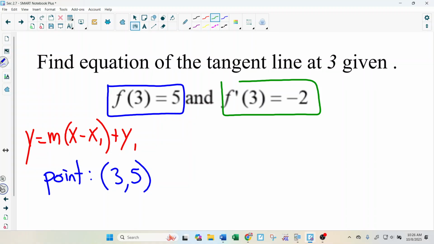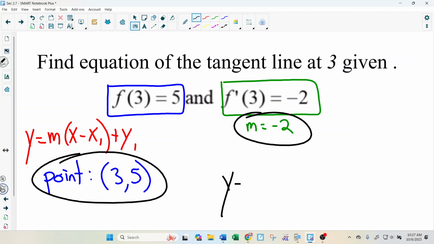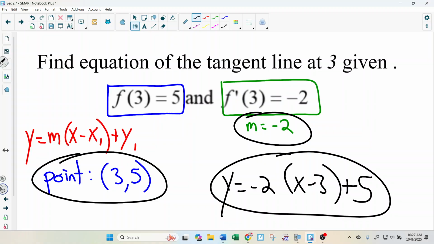That derivative would represent our slope, which is -2. So now to find the tangent line, we have a point, we have a slope, so we can write down our tangent line like that. We don't even know what the function is, they just give us that. So this is just about how we understand how to use the point and use the slope to find the tangent, okay? All right, last part of 2.7, we're gonna stop there and you can do the second homework worksheet.